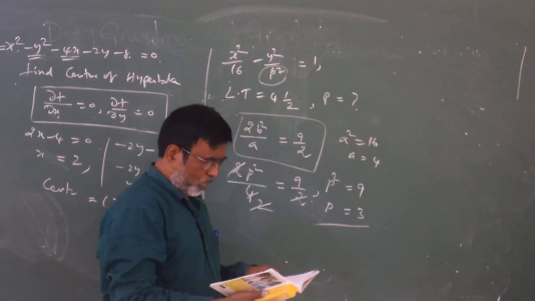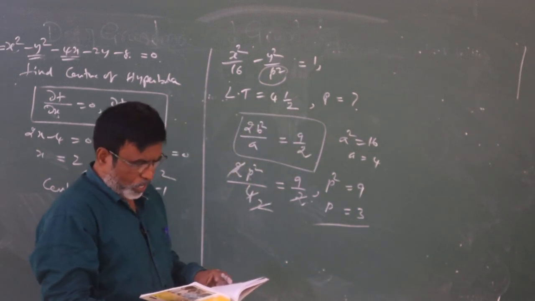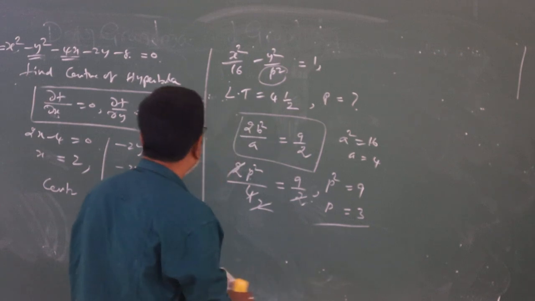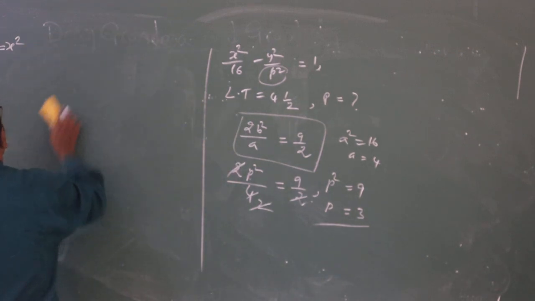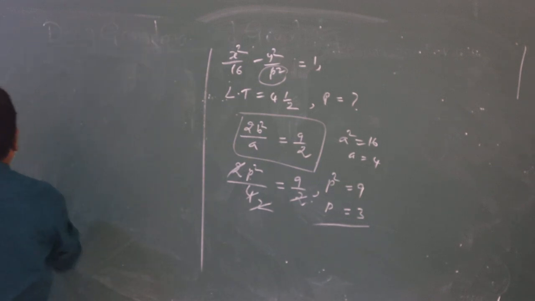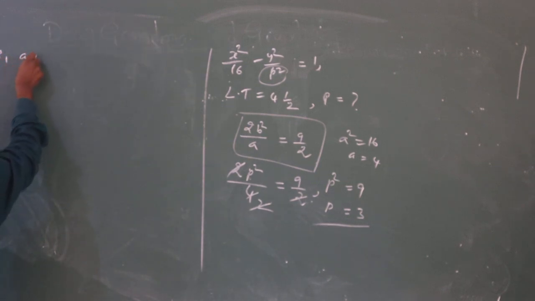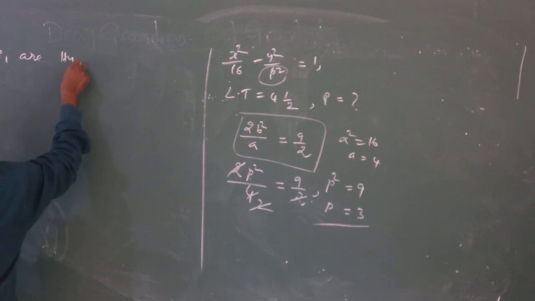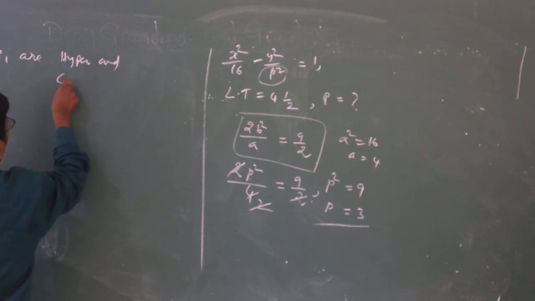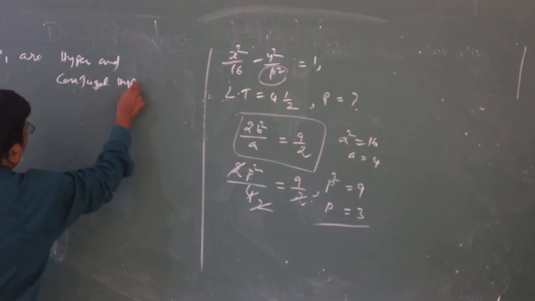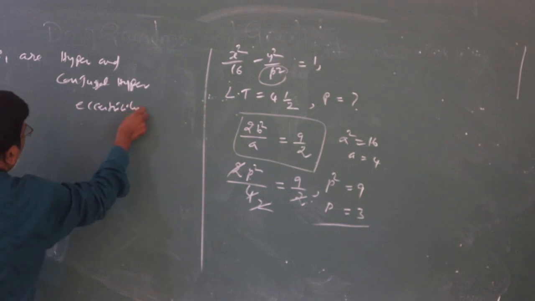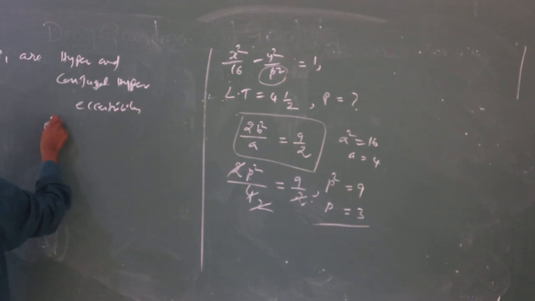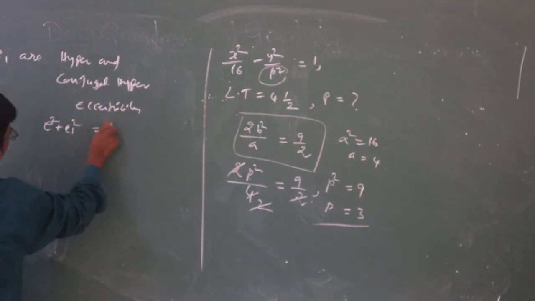Now the given question is: e and e1 are the eccentricities of the hyperbola and its conjugate hyperbola. Then e square plus e1 square equals dash.